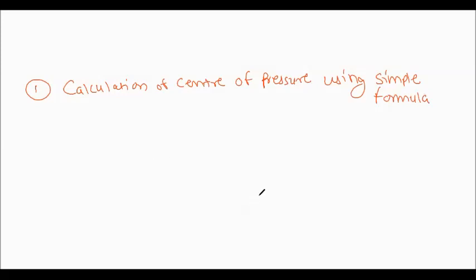So how to proceed for that? Now consider a bulkhead of a rectangular shape, and the water surface is up to the top of the bulkhead. It means this is the level of the free surface. H is equal to 0 will be here. Now if this is the condition, how to proceed?